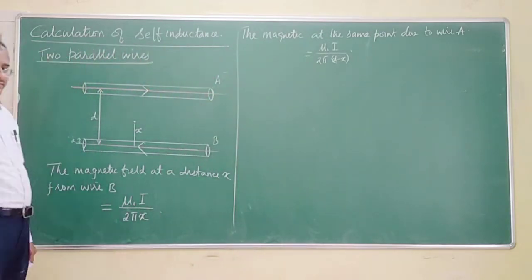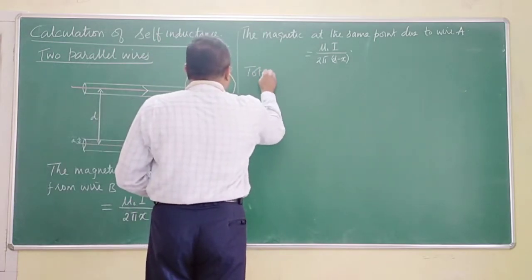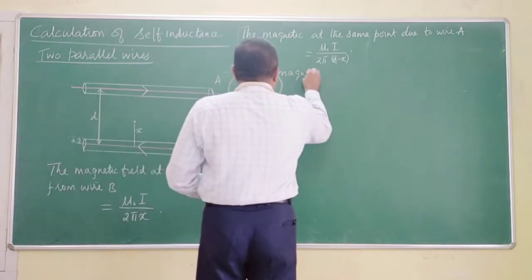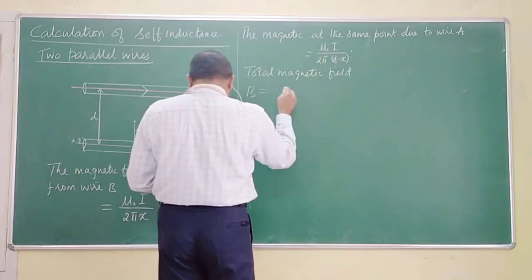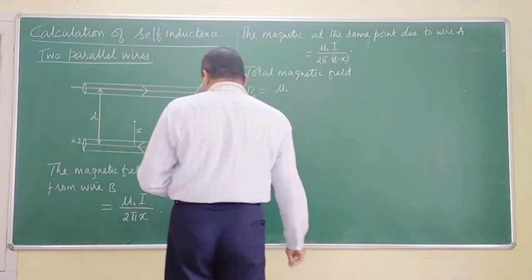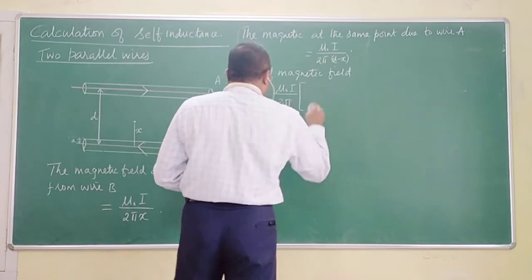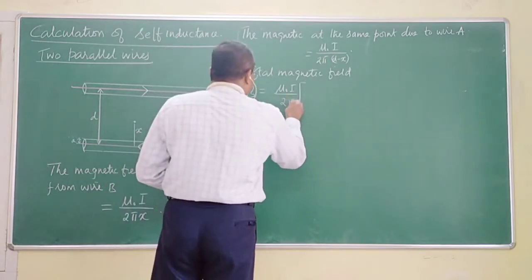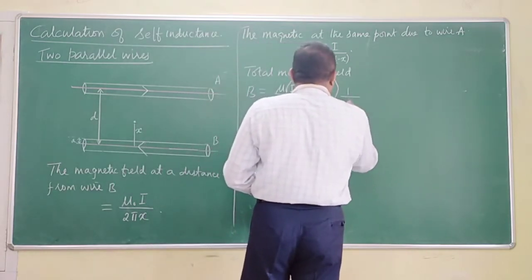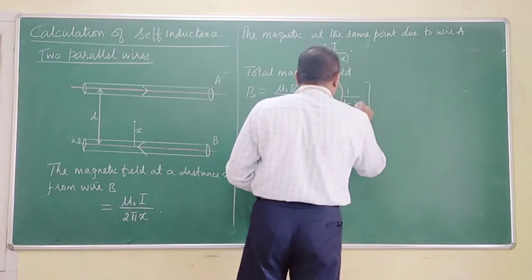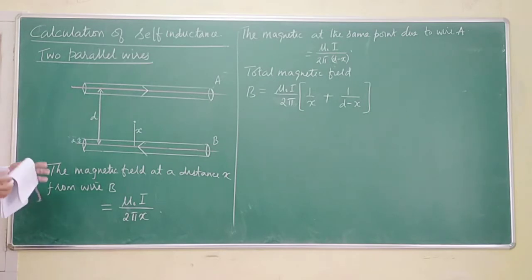So if I add, I will get the total magnetic field B, equal to mu naught I by 2 pi, which is common, I will take it out, times 1 by x plus 1 by d minus x. This will be the magnetic field. Is that okay to you, sir?